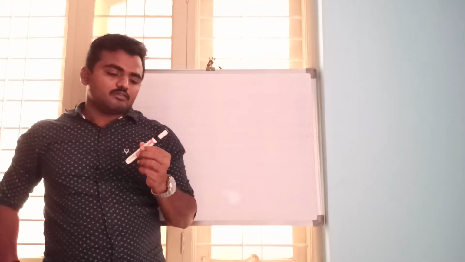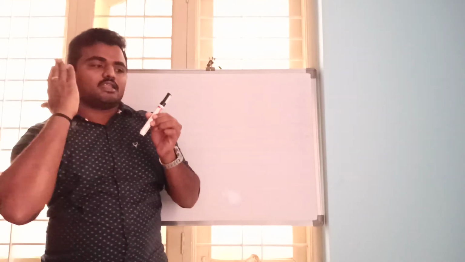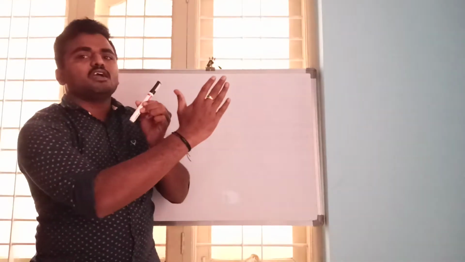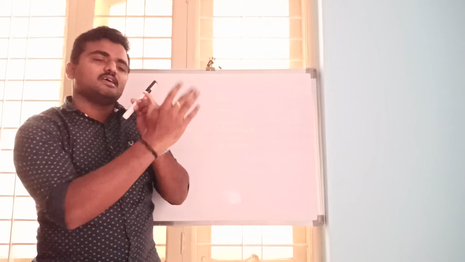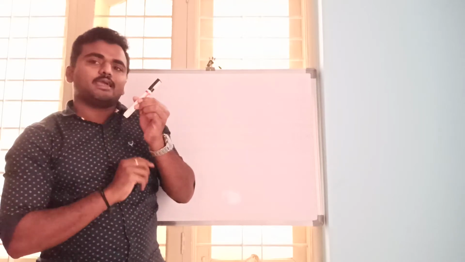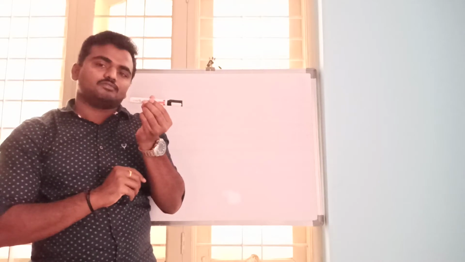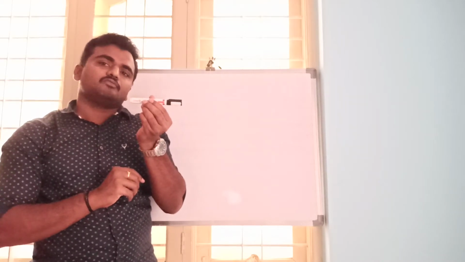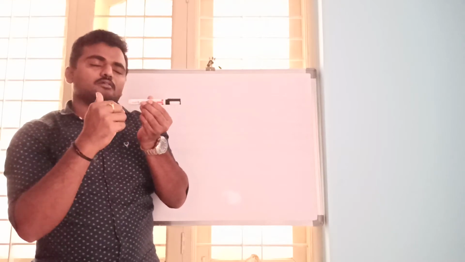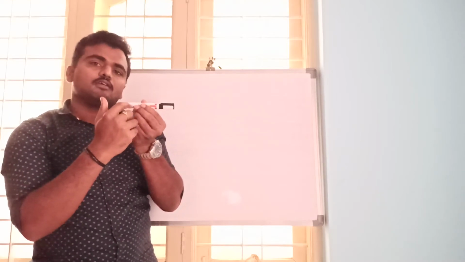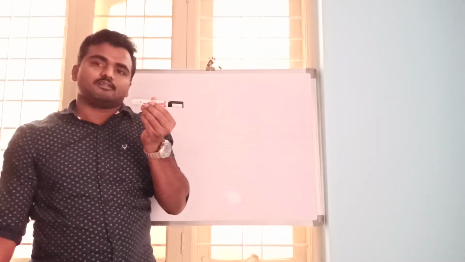Here, if you consider this as the positive charge and this as the negative charge, and the electric field is in this direction, then whenever the electric field is applied, this dipole will get aligned in the direction of the electric field, such that the dipole moment vector will be parallel to the electric field vector.